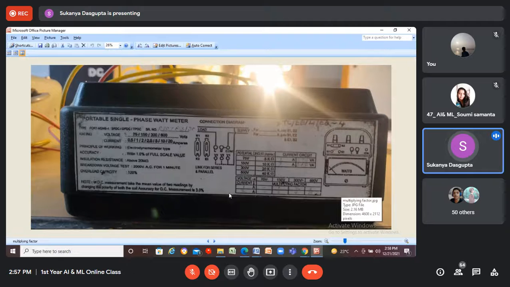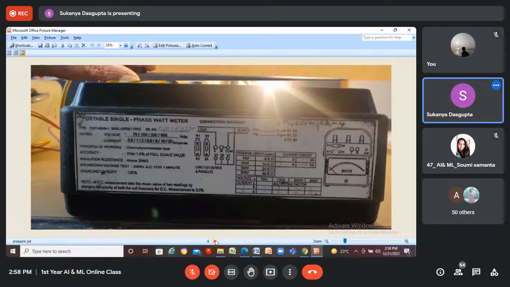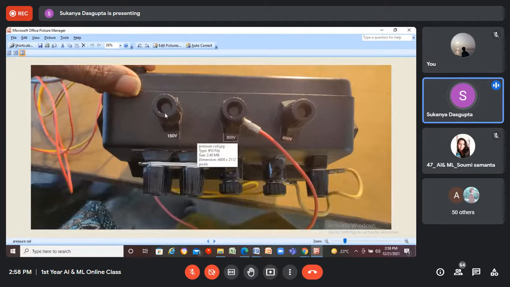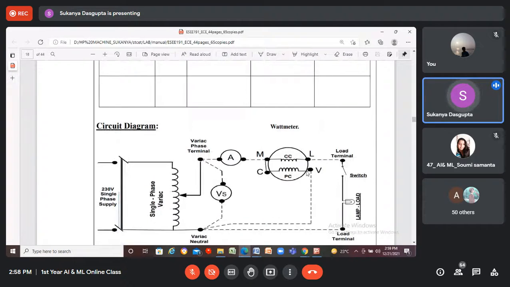Next, I'm going to tell you about the multiplying factor. See here, there is a multiplying factor given just below this connection. Can you see? Now just look at this. These are basically the voltage terminals. It has got a voltage terminal, a V terminal, right?